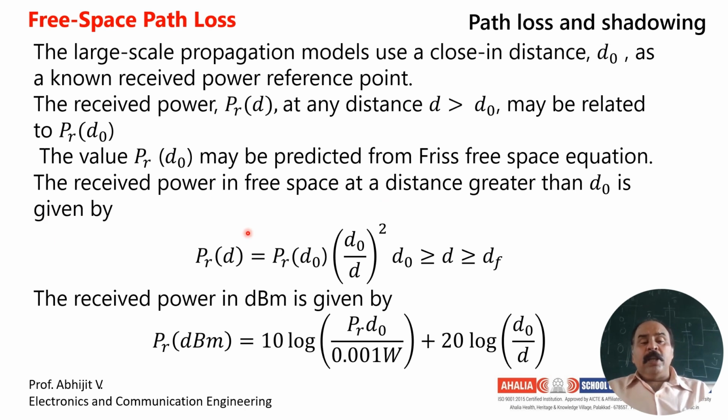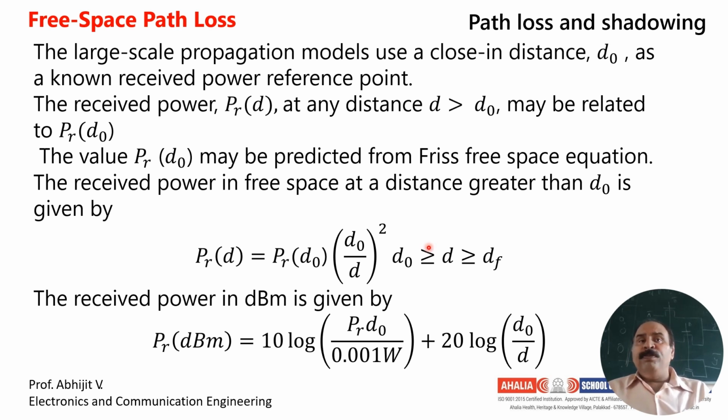The received power in free space at a distance greater than d naught is given by PR of d equals PR of d naught times (d naught by d) whole squared, where d is in between d naught and df. df is the Fraunhofer or the far field region.